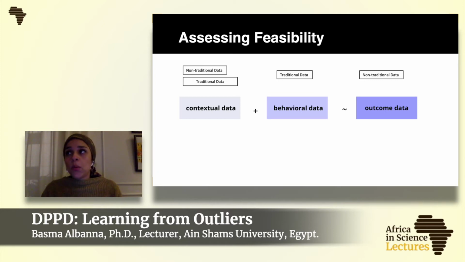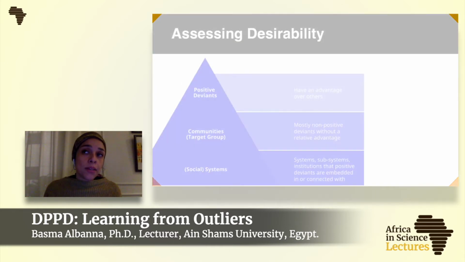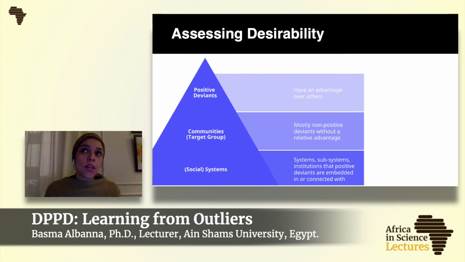The last step when it comes to defining the problem and assessing the problem method fit is ensuring the desirability and assessing the desirability. So here, it's important to look closely at those individuals and communities that stand to benefit or lose from the identification and the amplification of the practices, strategies, and other factors associated with the outperformers.